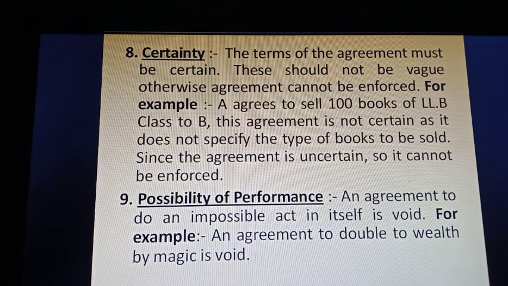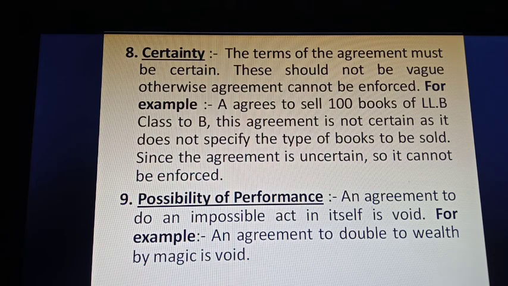The ninth condition is very important. The agreement must be such which is possible to perform. If the act which is agreed to be performed is impossible to perform, then the agreement will become void.